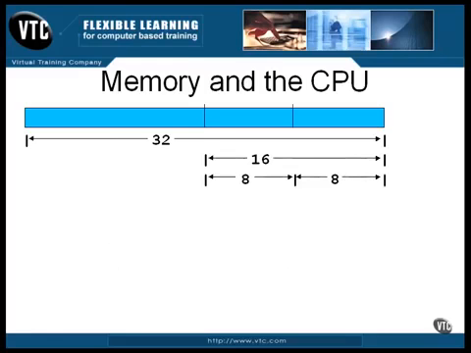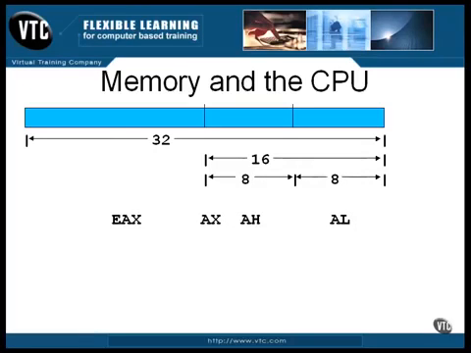There are 4 more registers shaped like this. Again, the letter E stands for the whole 32 bits, but the naming convention changes after that. The letter X stands for the 16-bit part, the letter H stands for the high-order 8 bits, the byte on the left, and the letter L stands for the low-order 8 bits, the byte on the right.